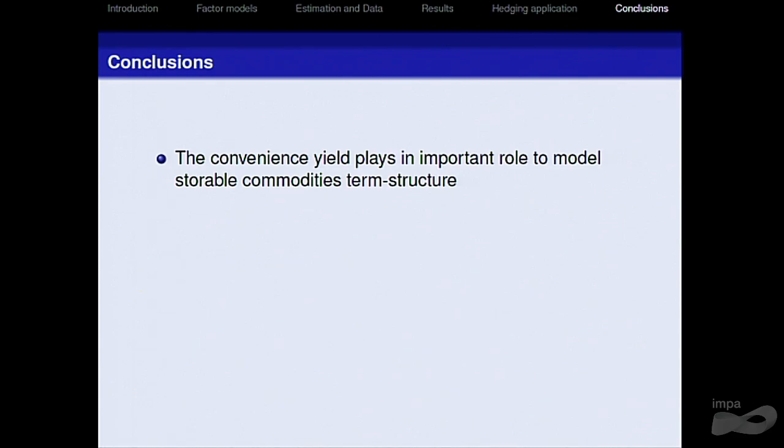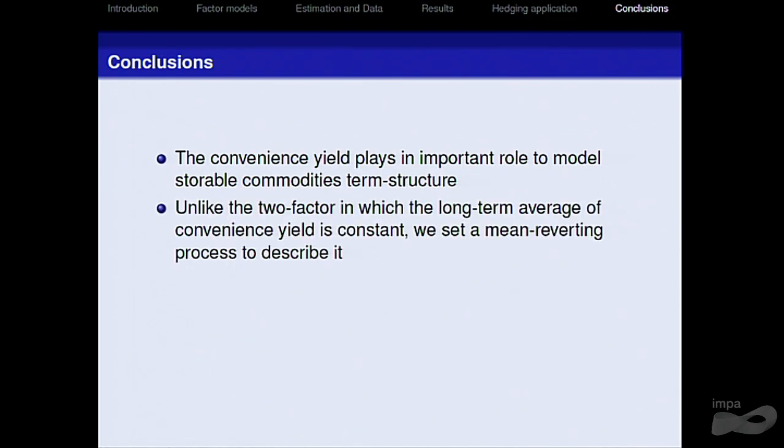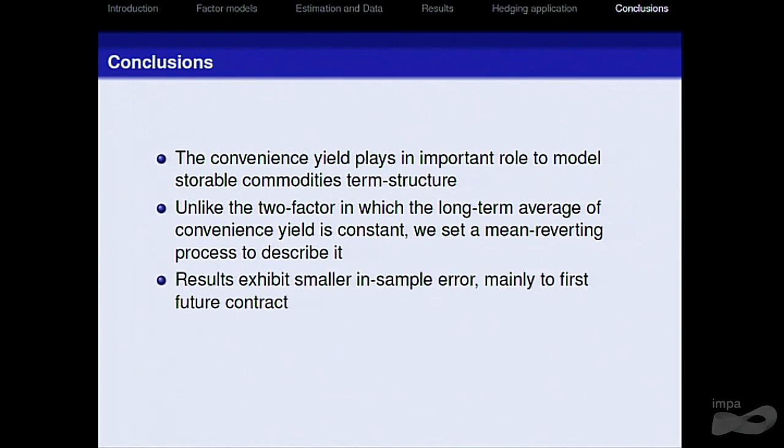Here we are using convenience yield, which is an important variable for describing the storable commodities term structure. Unlike the two-factor models, where it is a constant factor, we are using a dynamic to describe this behavior.